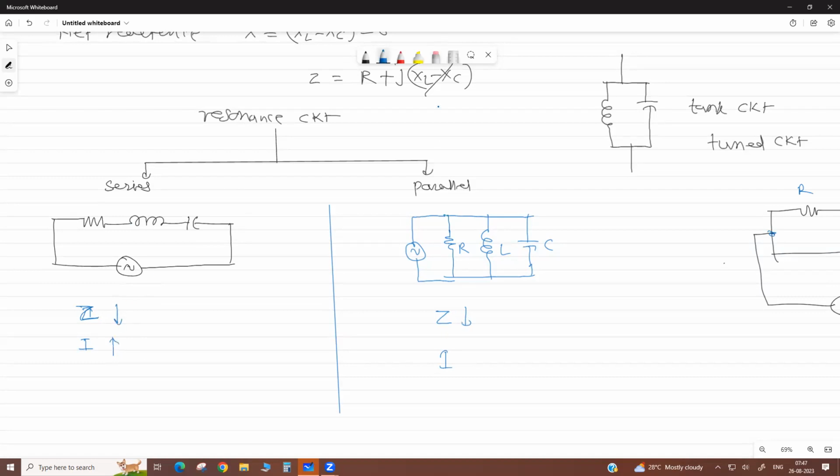But here it is opposite: the impedance is high, the dynamic impedance, and the current is low. They have some opposite properties. The difference between parallel and series resonance is also asked in your exam. Let us go on to the questions, please.